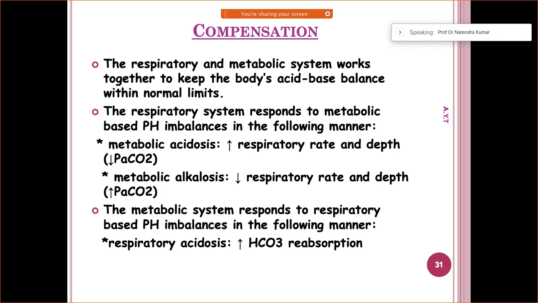So pH is going to be less, bicarbonate will be normal, but the PaCO2 is going to be altered, favoring the respiratory cause. Therefore, the bicarbonate is going to be increased, with resorption, right? And the opposite happens for respiratory alkalosis.